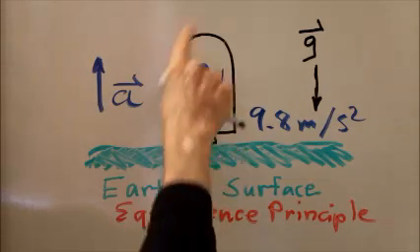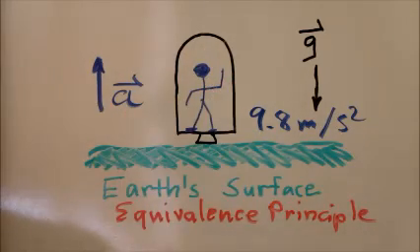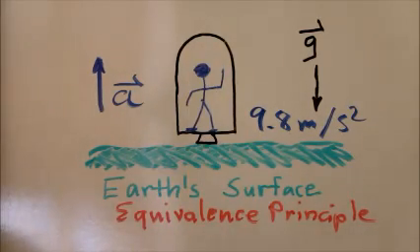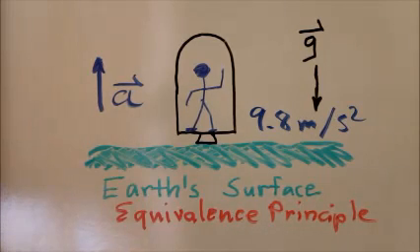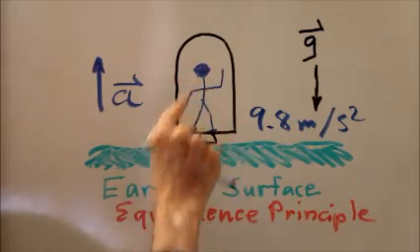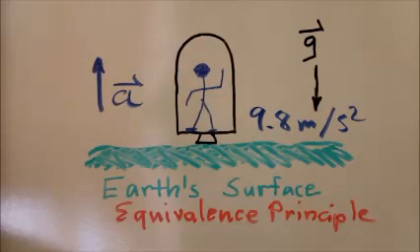But the idea is that imagine that this spaceship is completely enclosed. There's no windows in it. There's no apparatus in it. Just you. Of course, the engine and the fuel, but otherwise just you. You feel this force.